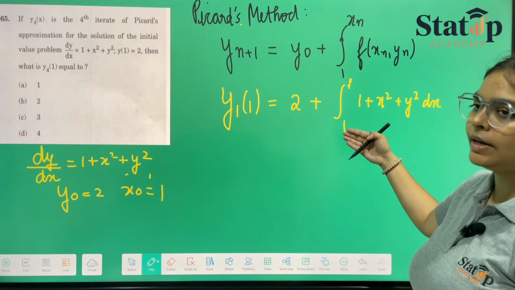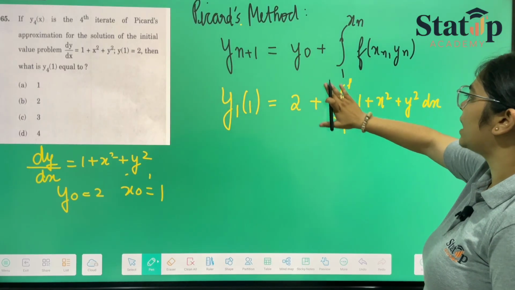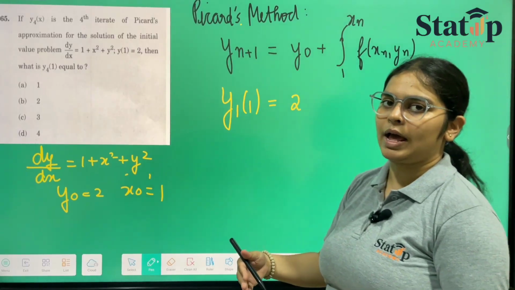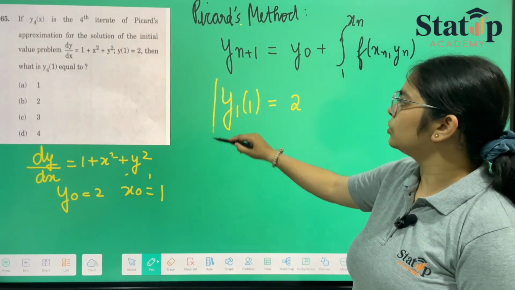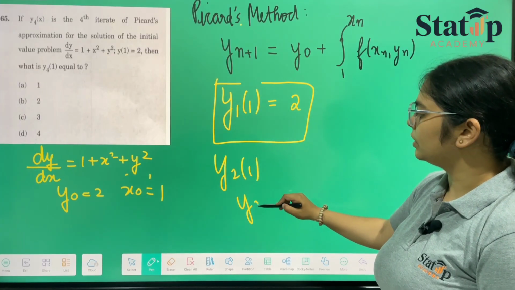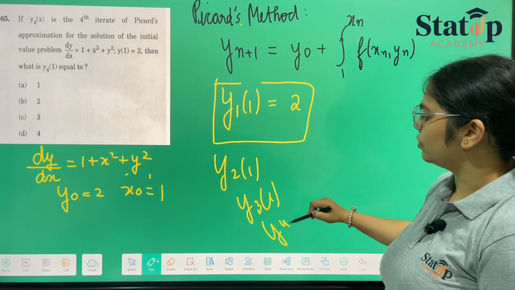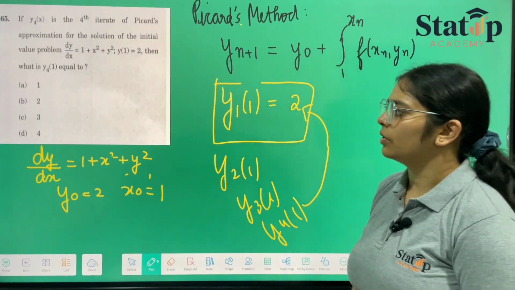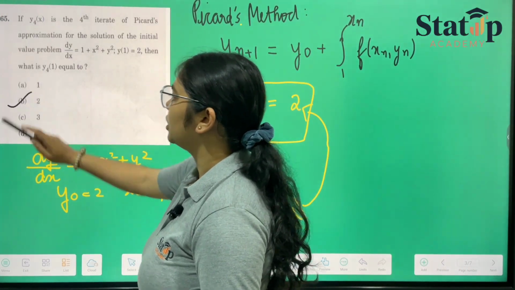Now when we integrate from 1 to 1, it will cancel out and it will be 0. So every iteration will give the value 2. Either we calculate y2, y3, or y4, all of them will come at the value 2. So hence our answer will be option number 2.